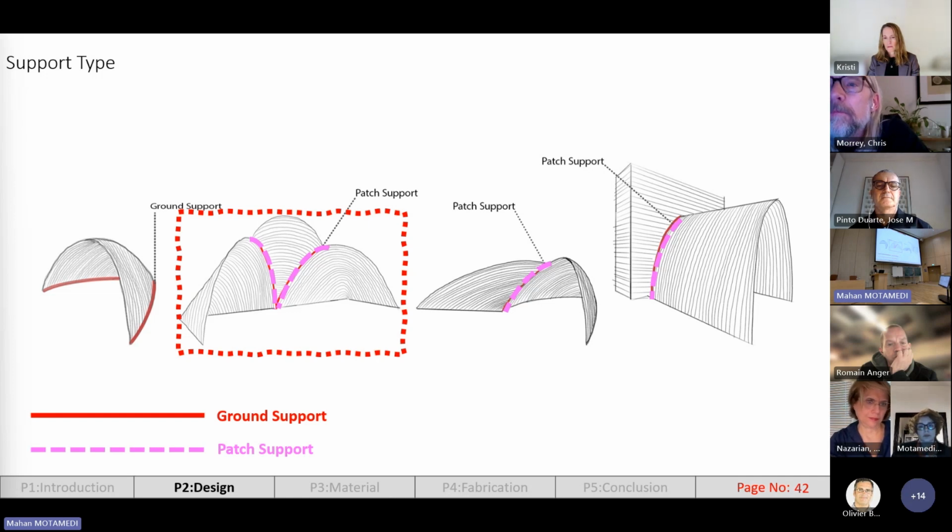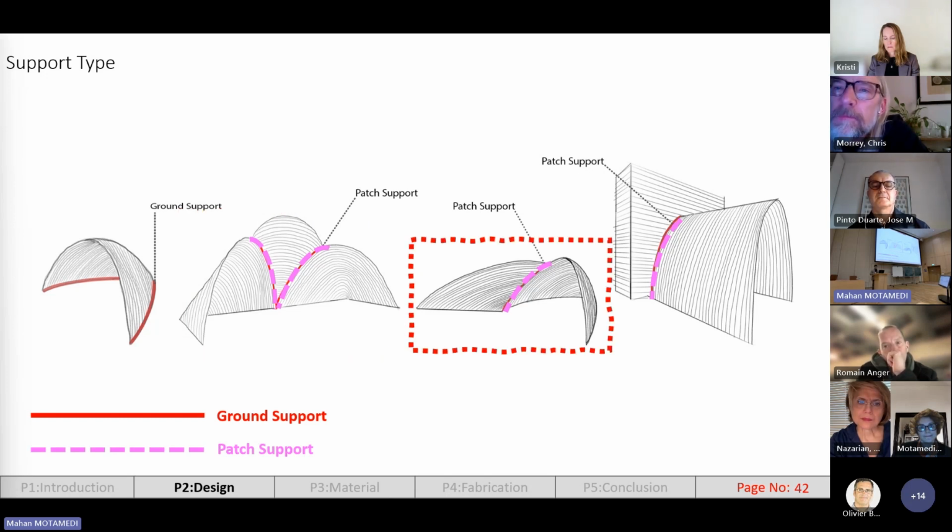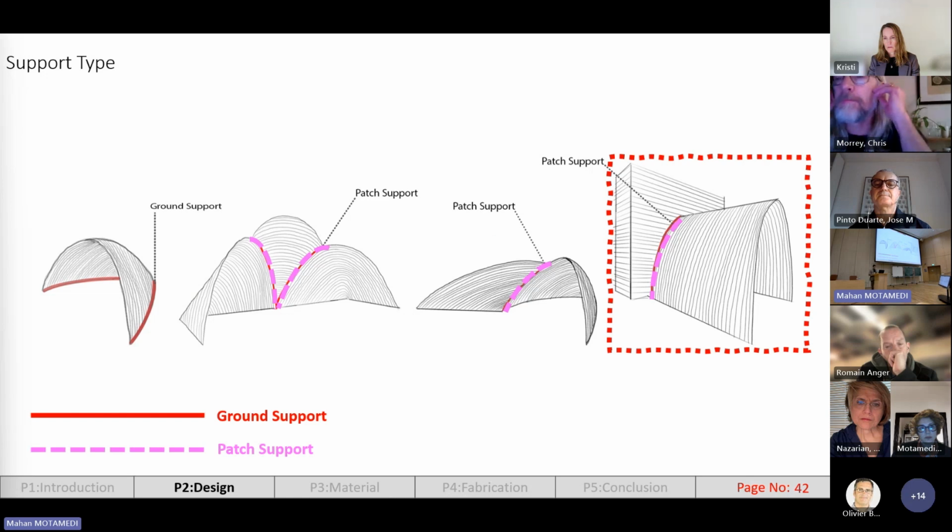As you can see here, there is a pendentive which is supported by two lateral squinches using two patch supports. Here we have one squinch and one squinch pendentive, which are supported together using the patch support. And the last example is the pitched wall, which is supported by patch support using a wall.